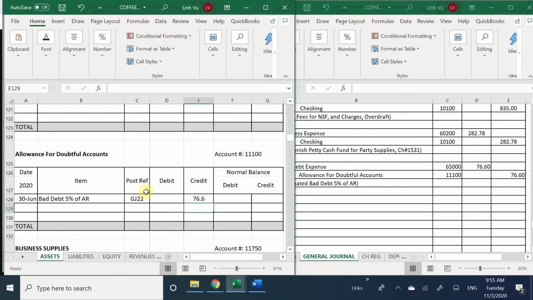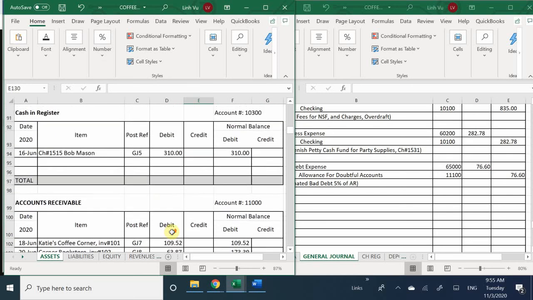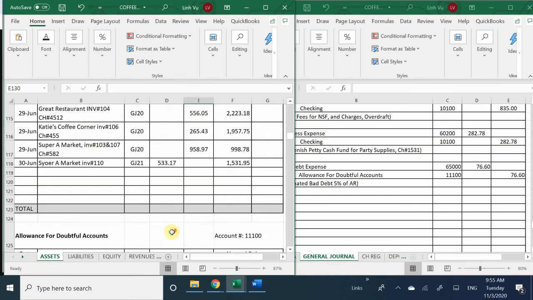All right, bringing our credit to be 7660. All right, and this is going to be like that. So the main account is actually accounts receivable. So what's going to happen is it actually supposed to reduce it, correct? Because it's a contra account.